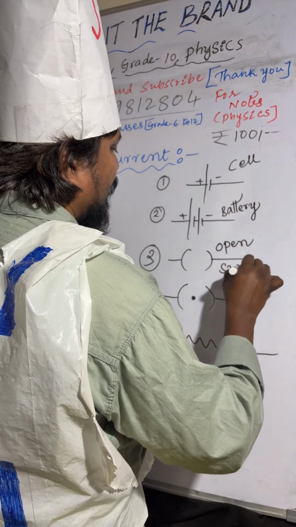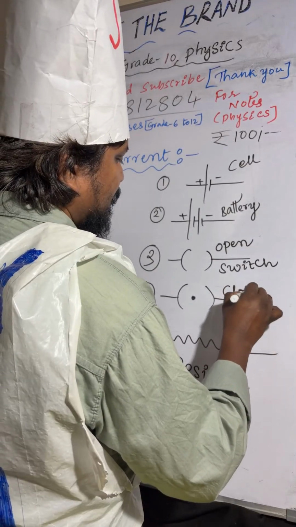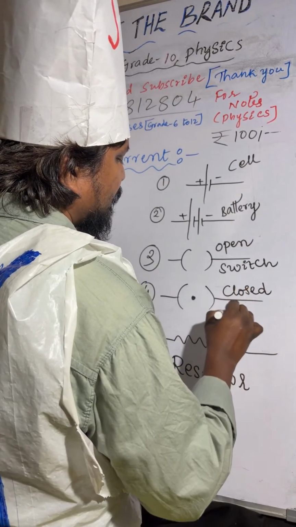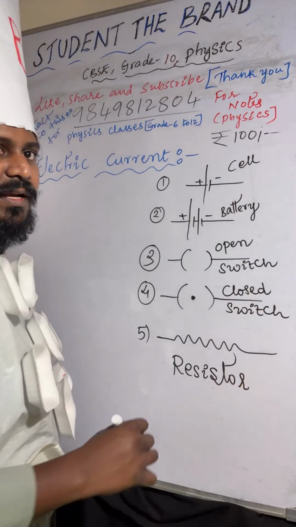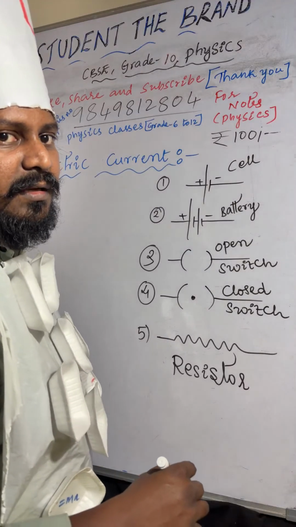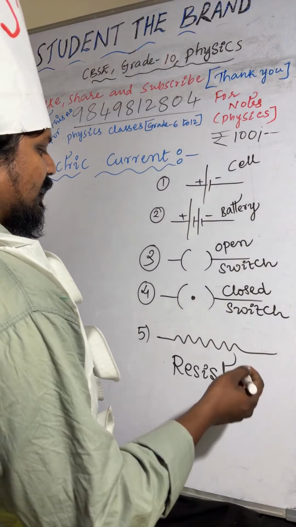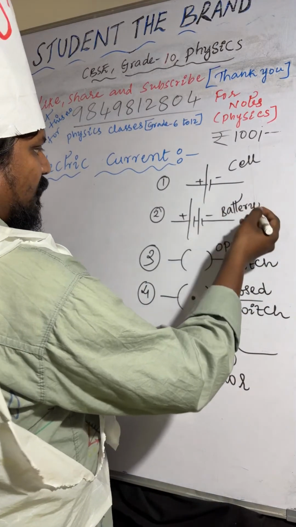Open switch, and this one is closed switch. And the next one is a battery. It is not only 3 cells, more than two cells we can connect. We can connect one more also.